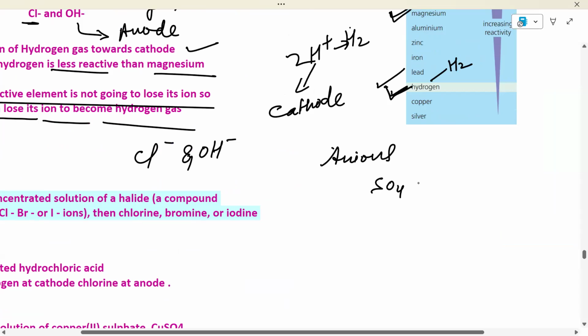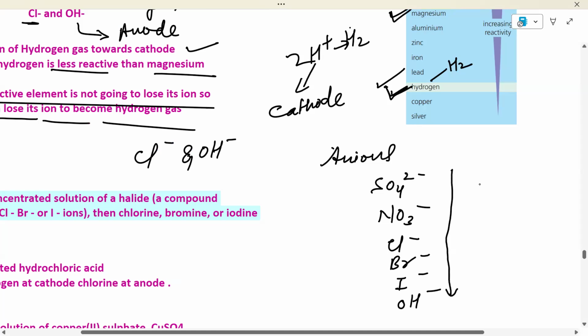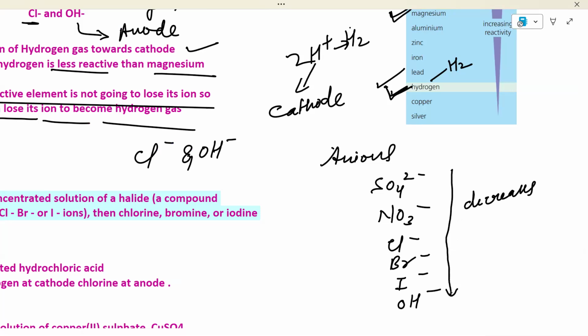It would be SO4 2 minus, sulfate, nitrate, chloride, bromide, iodide, hydroxide, right? So same concept is here. Reactivity decreases from top to bottom, right? So the ions that are present at the bottom are easier to discharge.